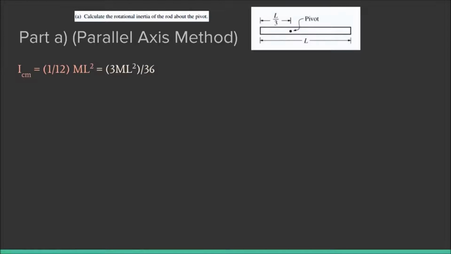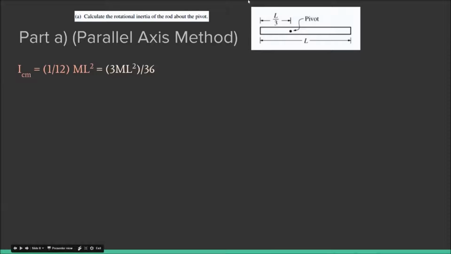Alright, so the inertia of the center of mass of this rod is 1/12 ml squared, which you can find out either by using integral calculus or just by memorizing it. If I showed it to you using integral calculus, it's the same method as the next step, in which I show you how to solve the entire thing using integral calculus.